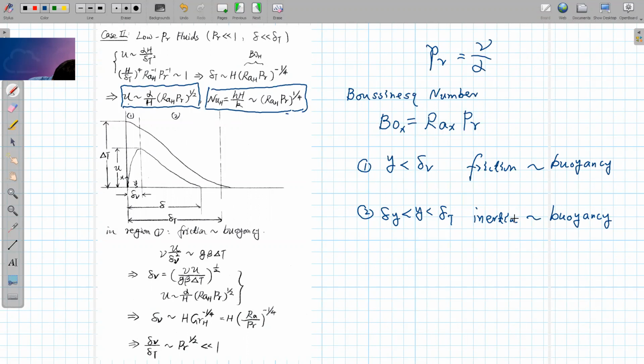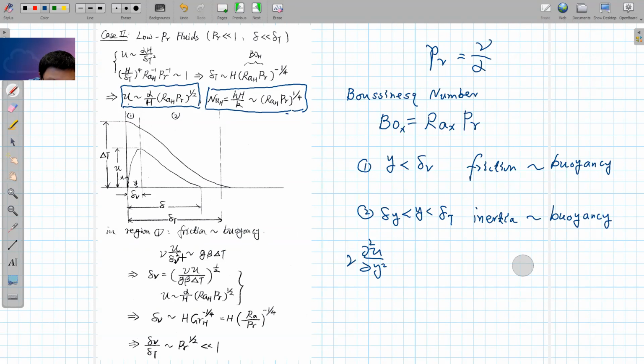Okay. So let's consider this region 1 here, where the friction will be the order of the buoyancy. So this is the friction term, mu times U divided by this small delta V squared, because the viscous term is mu partial squared U over partial Y squared, right?